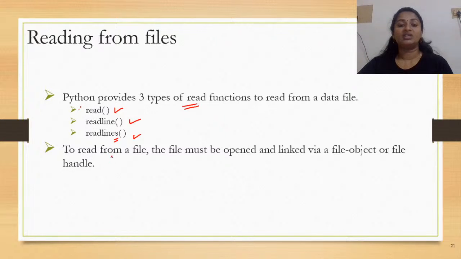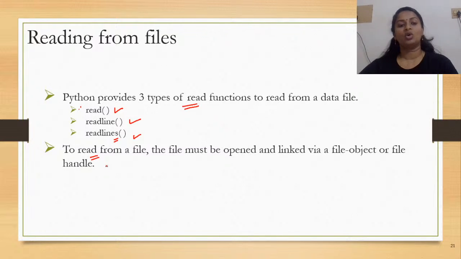Now what is the mandatory thing that you need to take care of if you have to perform the task of reading from a file? Now to read from a file, the file must be opened and linked via the file object or the file handle. Is the idea clear? To read from a file, the mandatory thing is that the file must be opened and linked via the file handle.